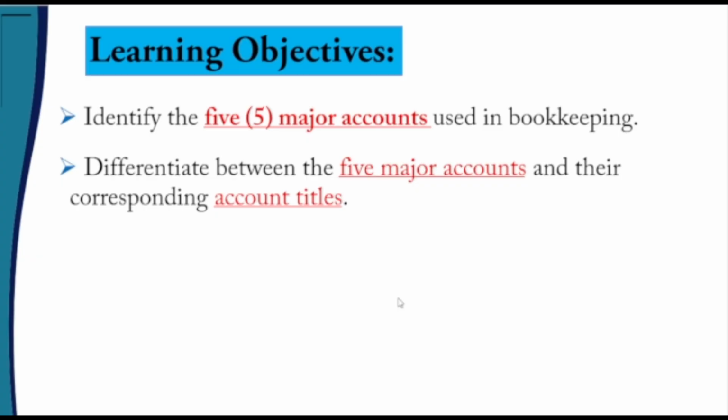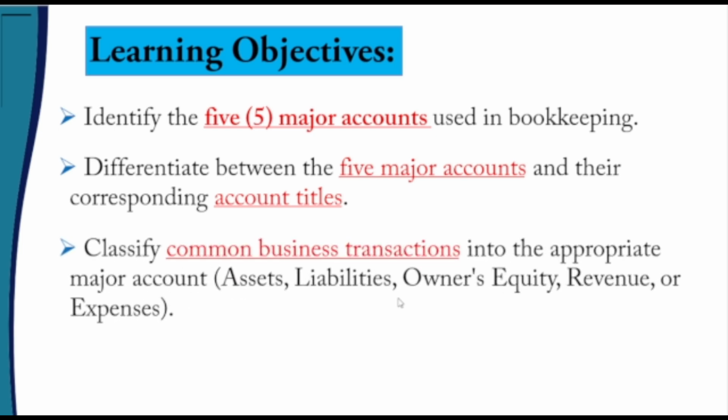Another objective is to differentiate between the 5 major accounts and their corresponding account titles. So we need to differentiate what the major accounts are and what the account titles under those major accounts are. Then, let's also classify the common business transactions into the appropriate major accounts.